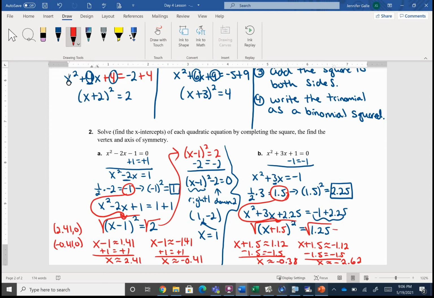If you wanted to find your vertex, if you had to graph, you wanted to find that vertex pretty quickly, take our square, move our constant back over. We'd have x plus 1.5 squared minus 1.25 equals 0.